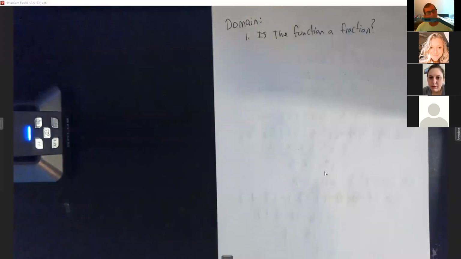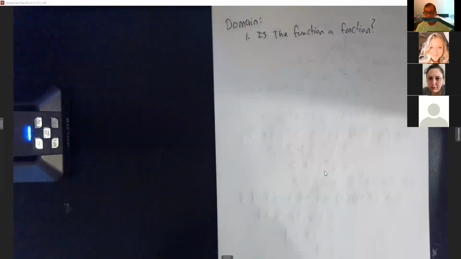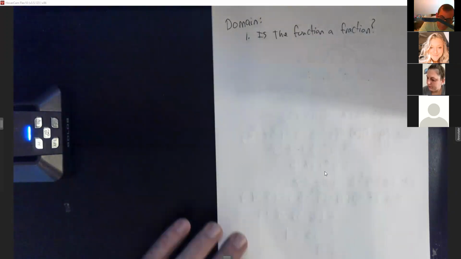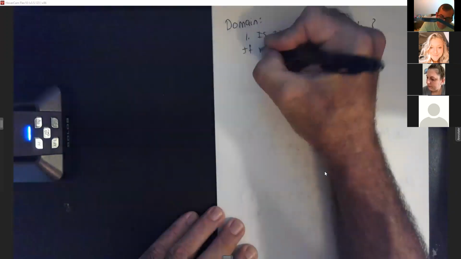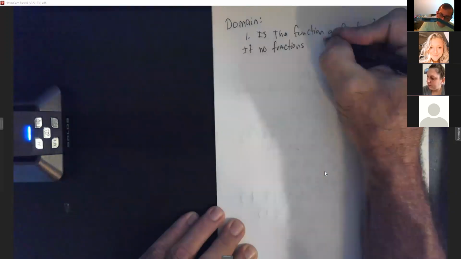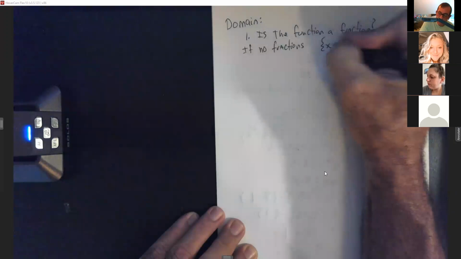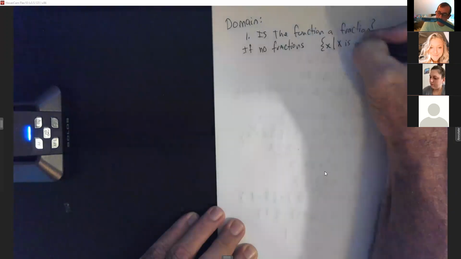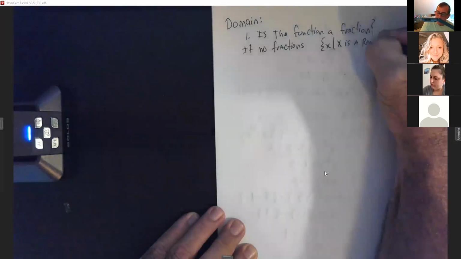Because that's the only thing we're worried about at this point in this class, is the function a fraction. If it's not a fraction, then it's going to be good for all real numbers. So if no fractions, your domain would be x such that x is a real number.